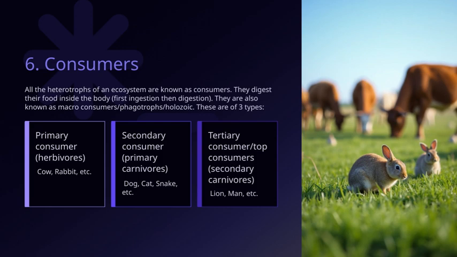They digest their food inside their bodies, which involves first ingesting the food and then breaking it down through digestion. In short, consumers can be classified into three main types based on their position in the food chain: primary consumers, secondary consumers, and tertiary or top consumers. Each plays a crucial role in the flow of energy through an ecosystem, helping to keep the system balanced and functioning smoothly.